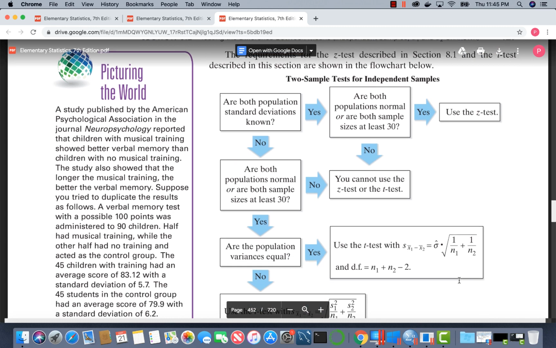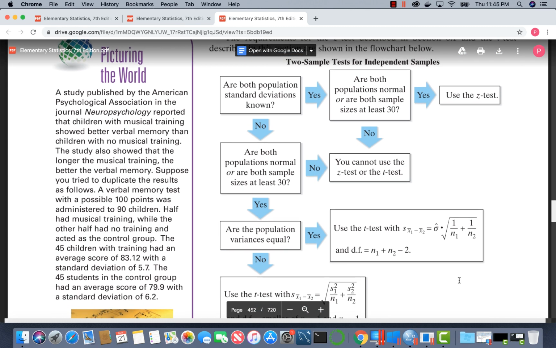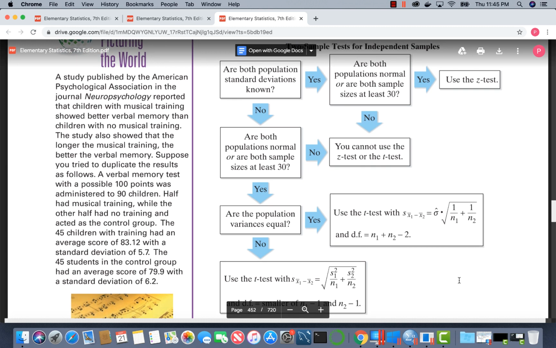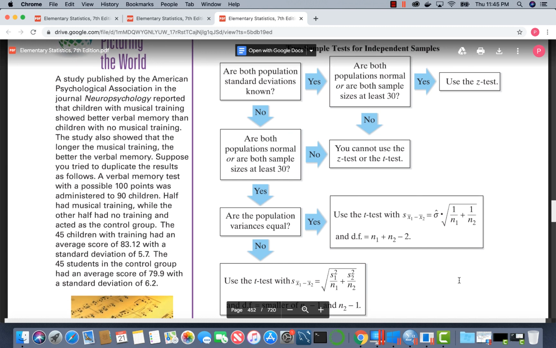And we have a nice flow chart here to help us carry out the analysis. Basically, if the standard deviations are known and the samples are normally distributed, or at least 30, we would use a z-test. We wouldn't use a t-test. If they're not normally distributed, you can't do either a z-test nor a t-test.